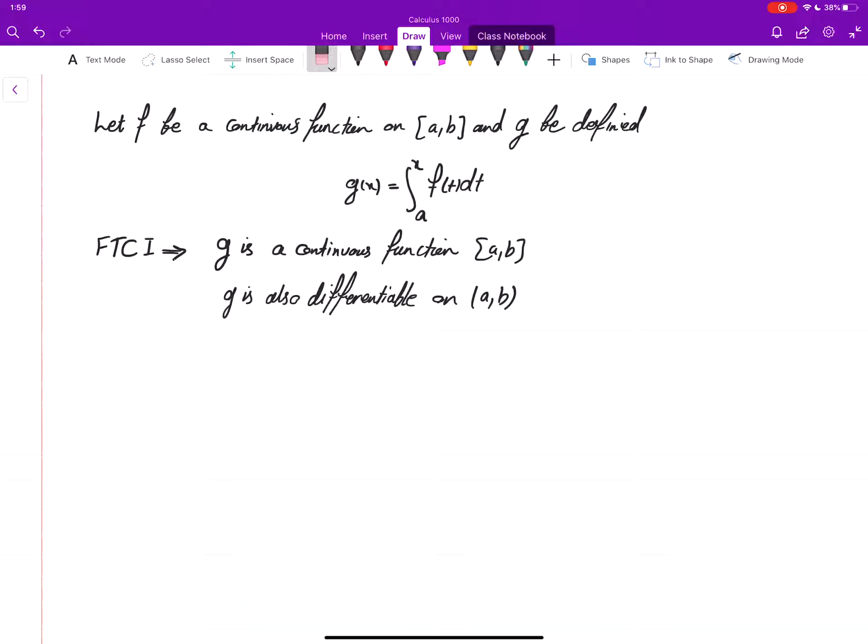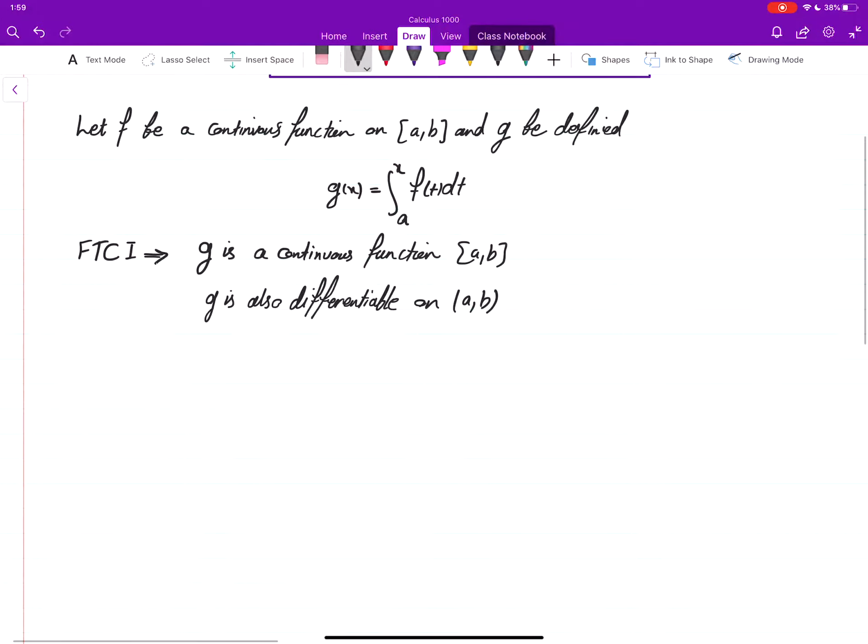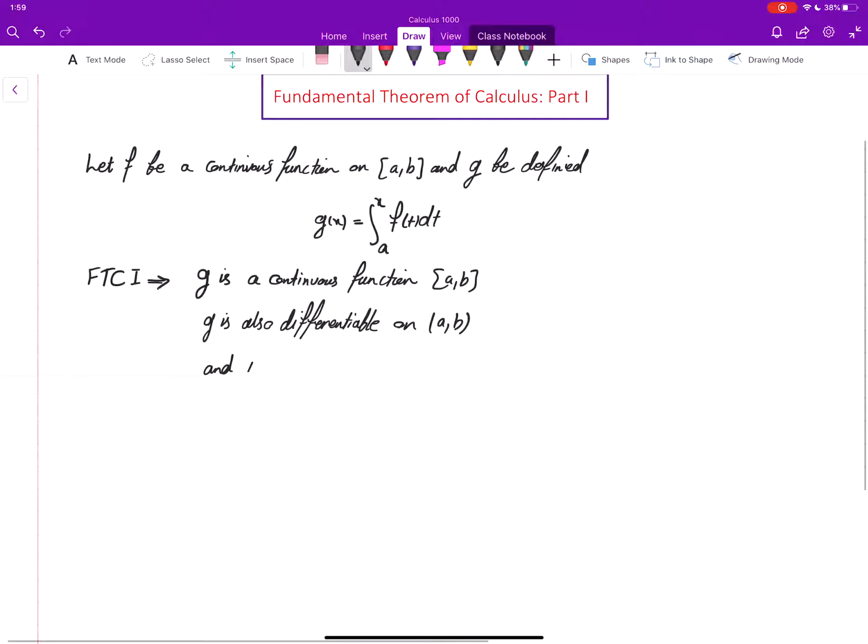It is continuous, it is differentiable, and the third piece is its derivative is given by, so it not only says it's differentiable, it also says that the derivative of that function is just the integrand with that x.